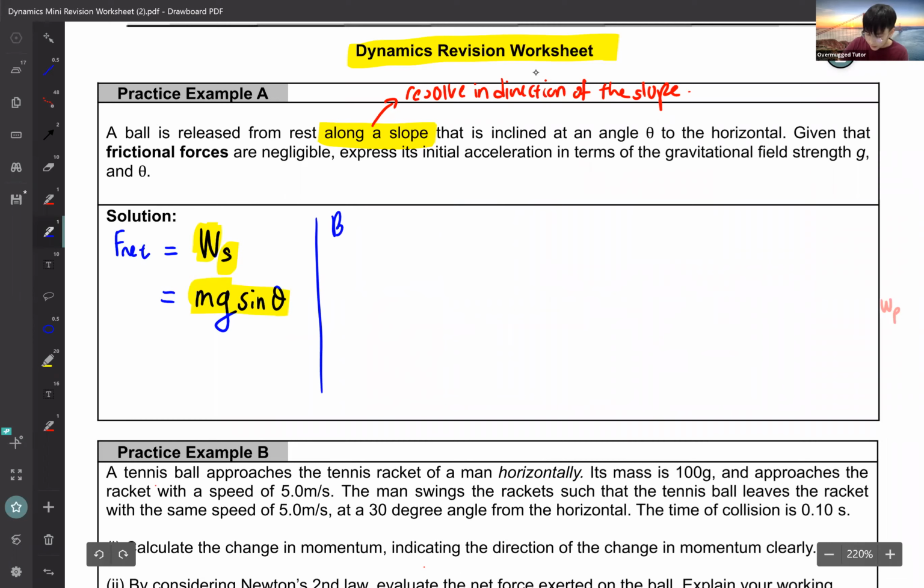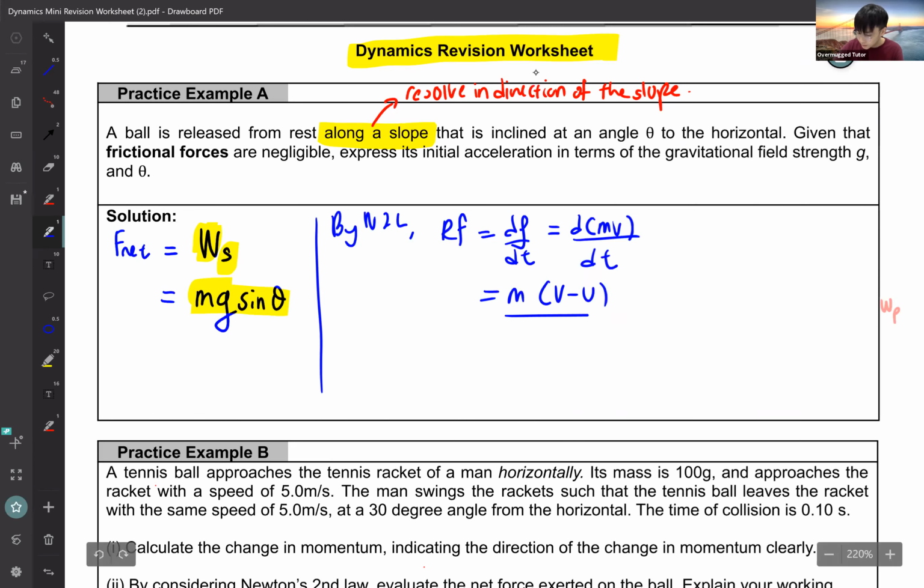By Newton's second law, we know that the resultant force on the object is the rate of change of momentum, which in other words is the rate of change of mass times velocity over time. And so we can also say that for a constant mass, it is mass times the final velocity minus the initial velocity over time. And then what's this fancy thing here? Isn't that just acceleration? Yes, right?